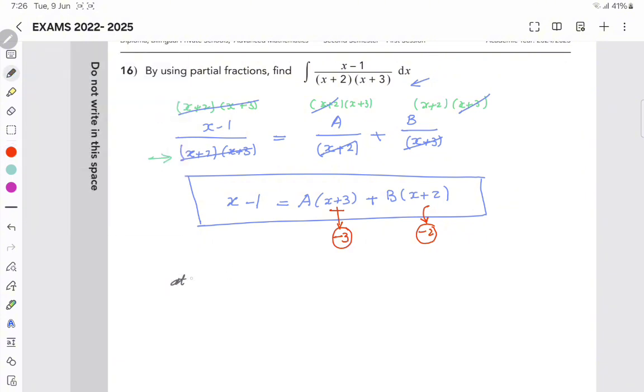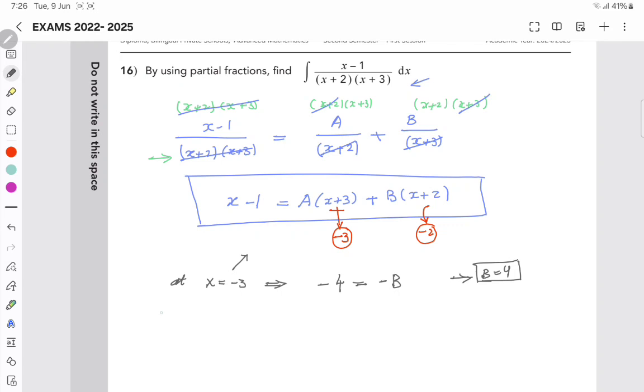So at x equal negative 3, we substitute every x here. Negative 3 minus 1 will be negative 4, is equal, negative 3 plus 3 is 0 times a, so it will eliminate a. Negative 3 plus 2 will be negative 1 times b, so that means the value of b is equal 4.